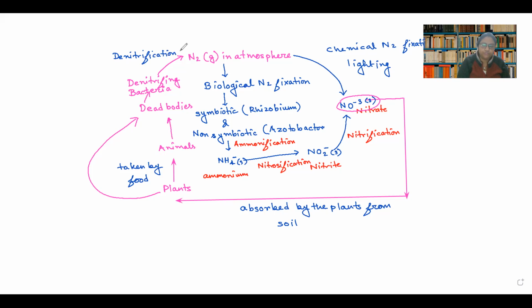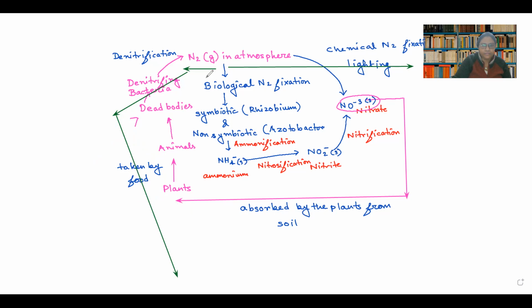So this is the concept of nitrogen fixation. This whole process, like it's ranging from here to here, is occurring in the soil, and the rest of the process is occurring in the air.